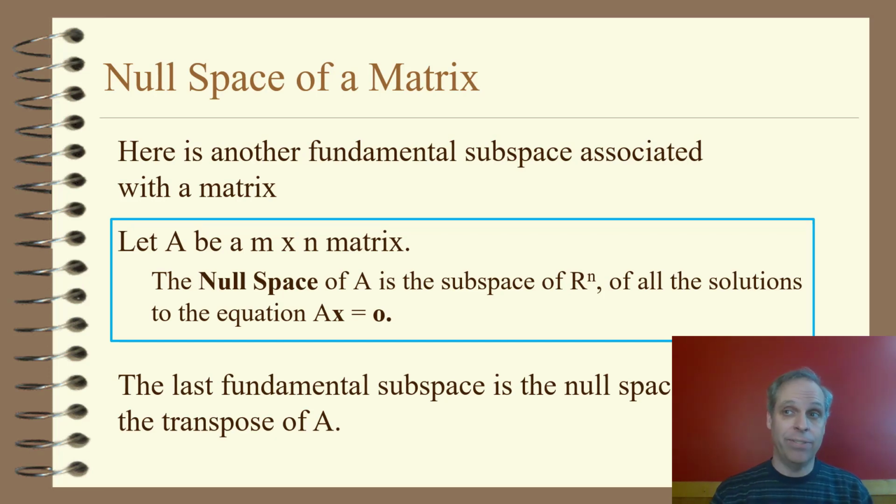The last fundamental space is the null space of the transpose of A. While the row space of A is essentially the column space of A transpose, that's not the same with null spaces. So the null space of A is not the null space of A transpose. In fact, the four spaces are usually not in any way equal. The row space, the column space, the null space of A, and the null space of A transpose are different things.